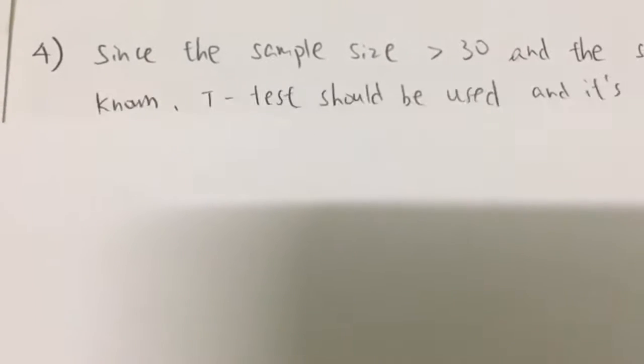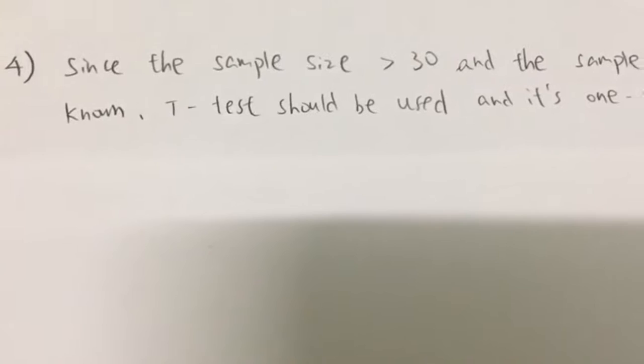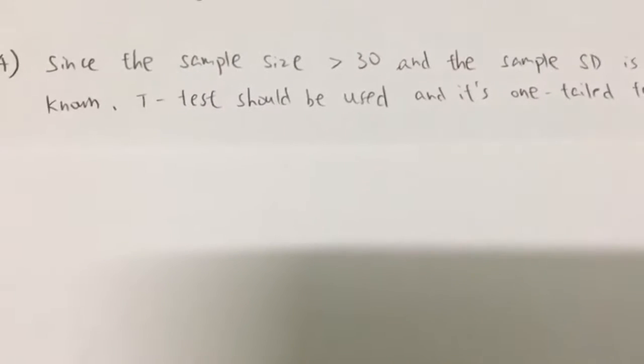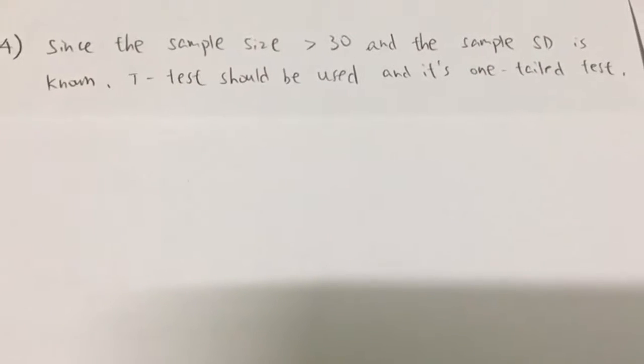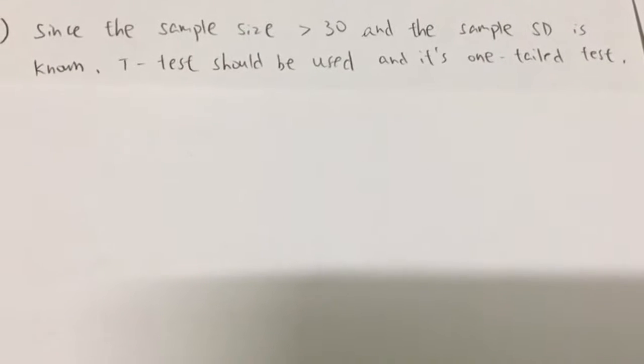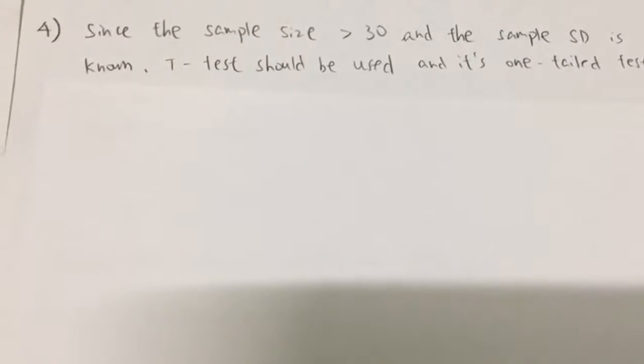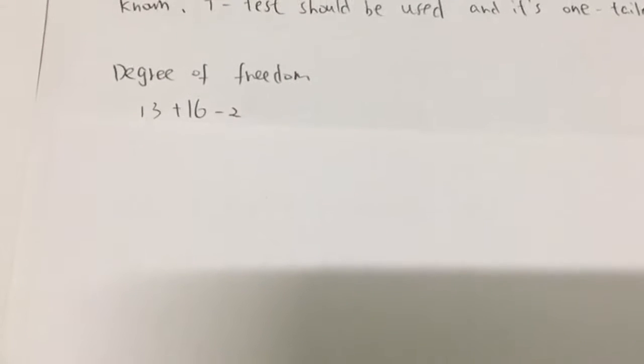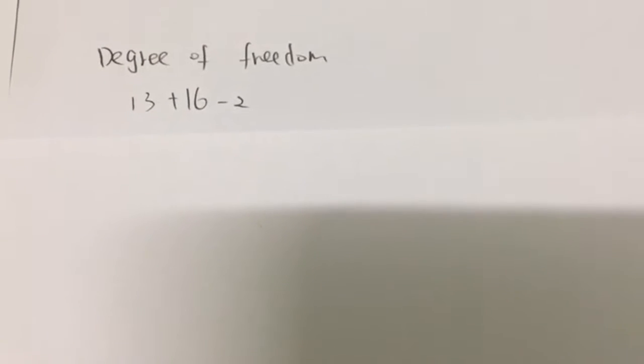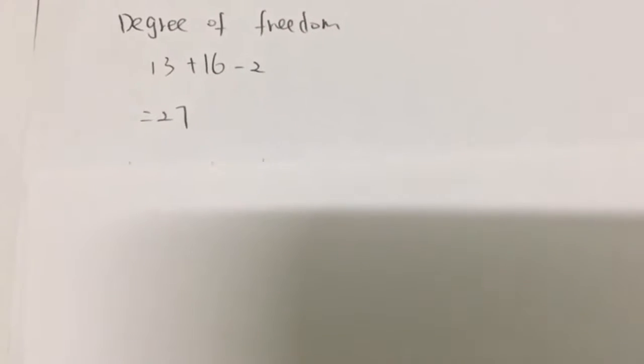The fourth step is, since the sample size is not larger than 30 and the sample SD is known, a t-test should be used and it's a one-tailed test. Then we can calculate the degree of freedom by adding up the sample sizes of the 2 samples, which is 13 plus 16 minus 2, and then we get 27.